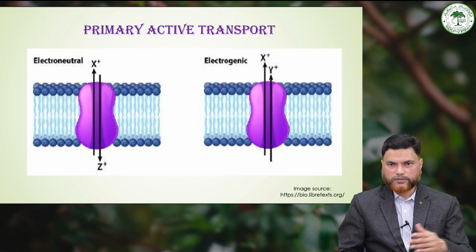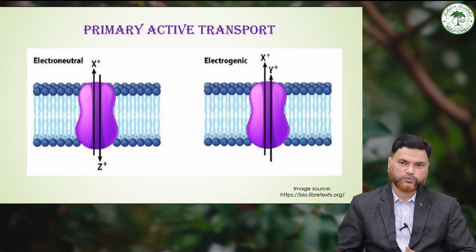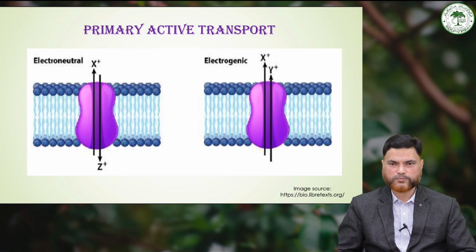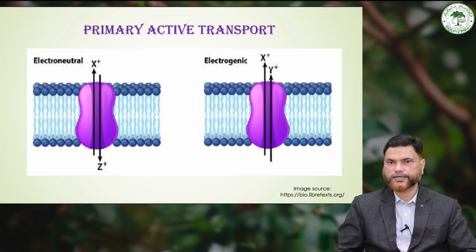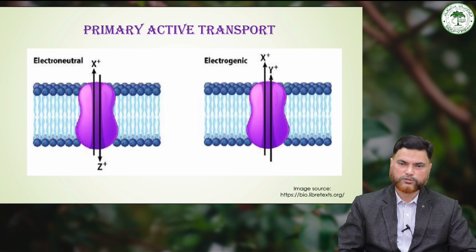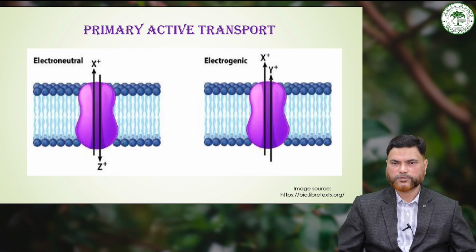Now, active transport can be categorized into two main types: primary active transport and secondary active transport. First we will discuss in detail primary active transport, which is directly coupled with a metabolic energy source such as hydrolysis of ATP, generally ATP being broken down into ADP and inorganic phosphate.